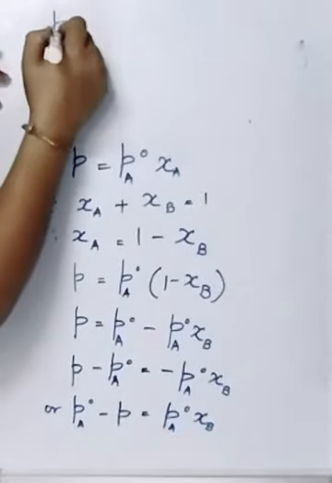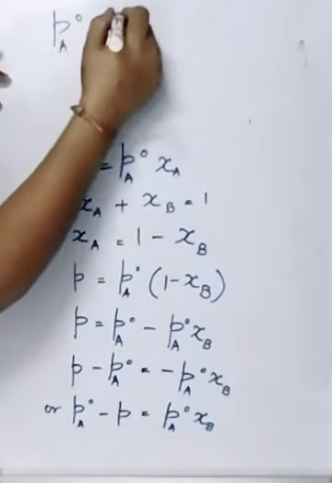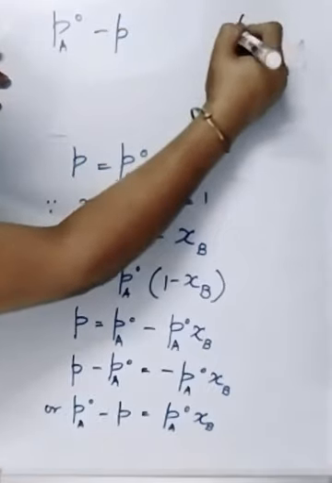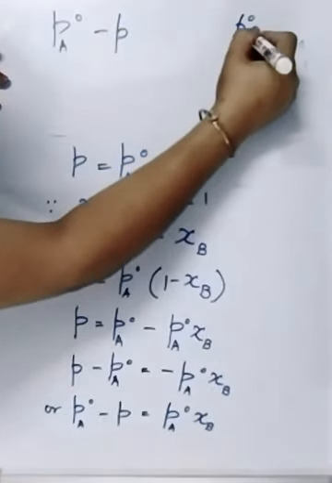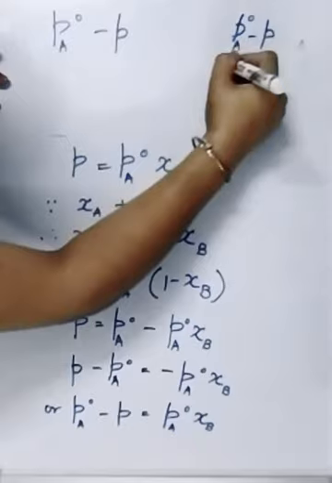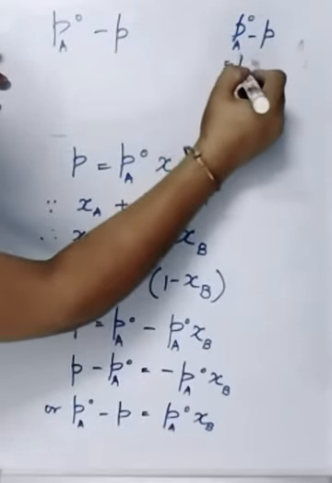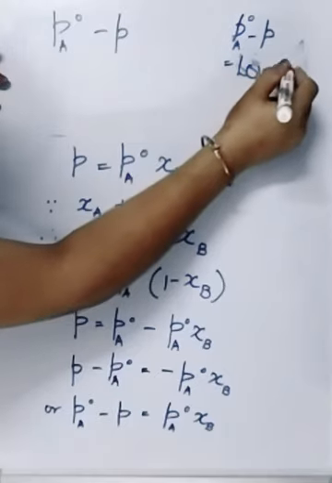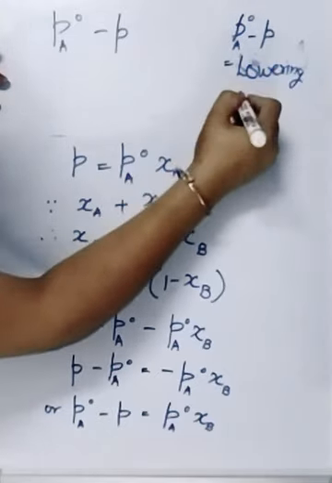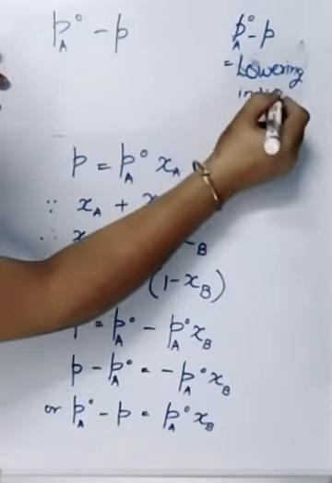Now this term PA naught minus P is known as lowering in vapor pressure. Why is it called lowering in vapor pressure?